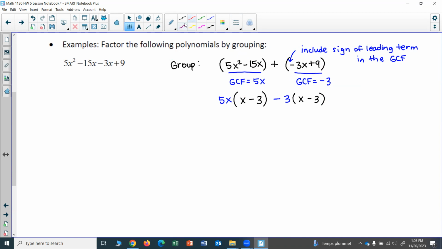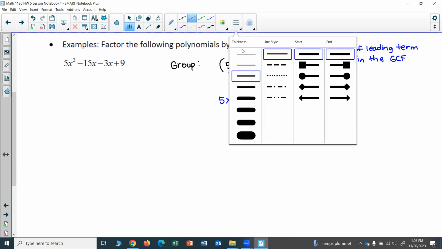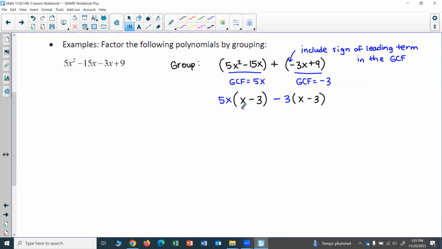Now here's the important part. The important part is that you have to have these two things in parentheses the same. Those have to be the same, because essentially what you're doing is you're going to count that as the common factor and factor it out. So since those are the same, I can factor out x minus 3 from both terms and then look at what's left over.